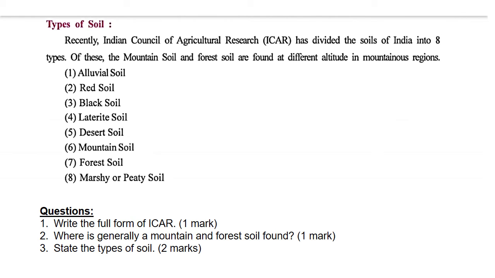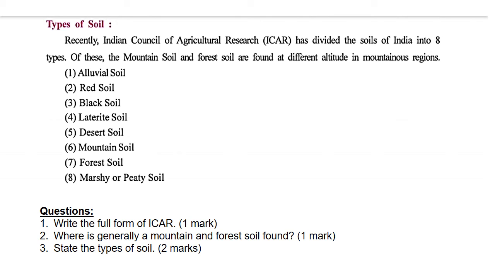Of these 8 types, the mountain soil and forest soil are found at different altitudes in mountainous regions. So they have said this mountain soil and forest soil are found in India at altitude, meaning heighted areas. So in northern India, you can find this soil in the Deccan Plateau and Malwa Plateau also.